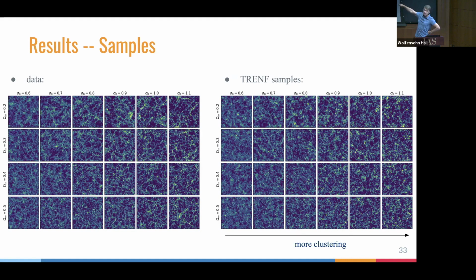And here we're varying sigma 8 from 0.6 to 1.1, and you can see how clustering gets stronger as we go from low sigma 8 to high sigma 8. This is after the training. These are our samples, and at least by eye they look very similar in terms of structure. So you can think of this as a very fast generator of N-body simulations.